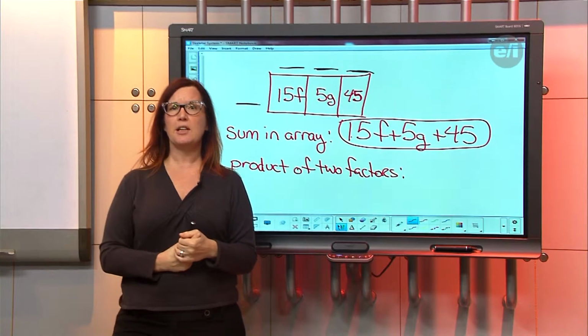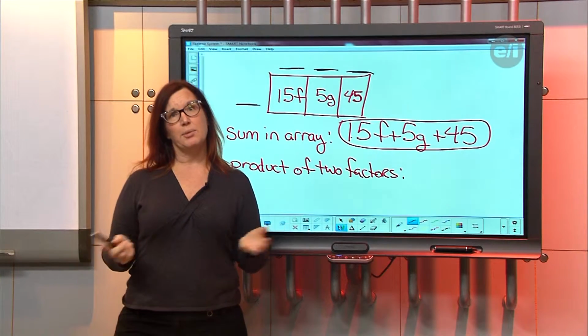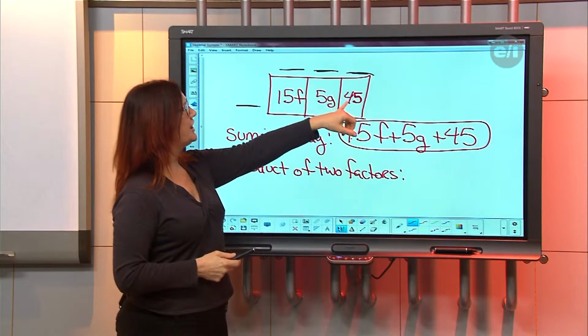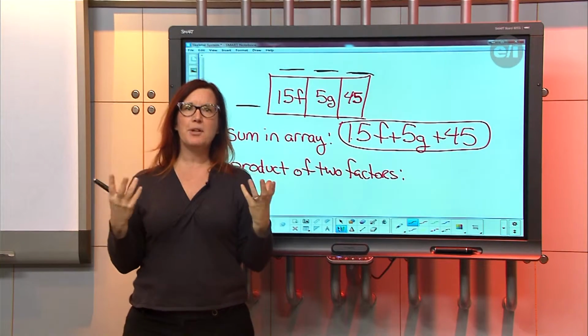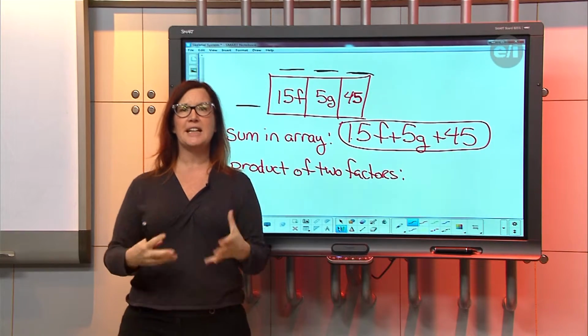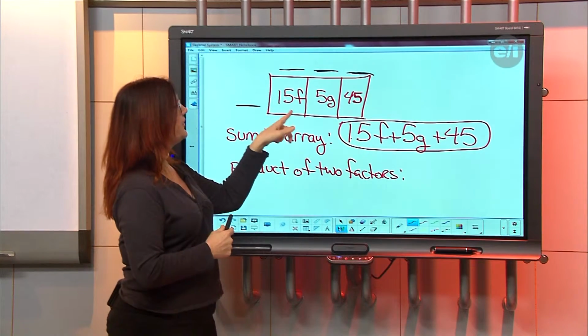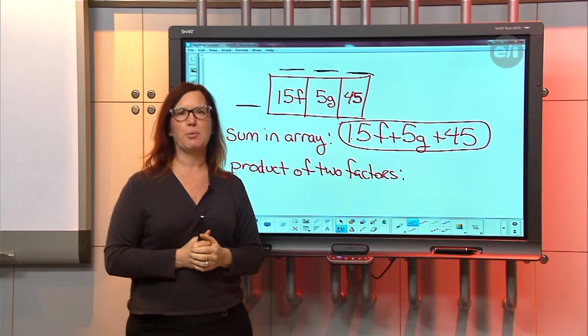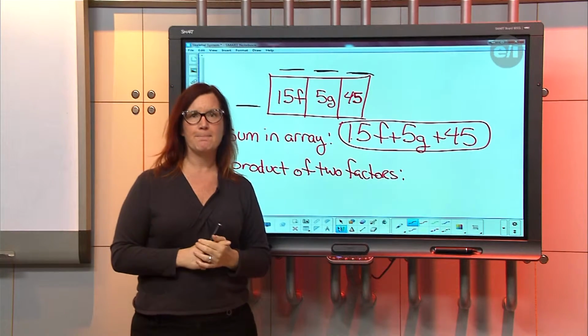Awesome, great. So we're going to think what number, and sometimes it could be a variable too, that we're multiplying by. So when I look at these things, I see 15F, a 5G, and a 45. I'm going to look for a number that's a common factor that goes into all of those numbers. I'm looking for the biggest number I can think of that goes into 15, 5, and 45. What number do you think they all have in common? What number can go into them easily?